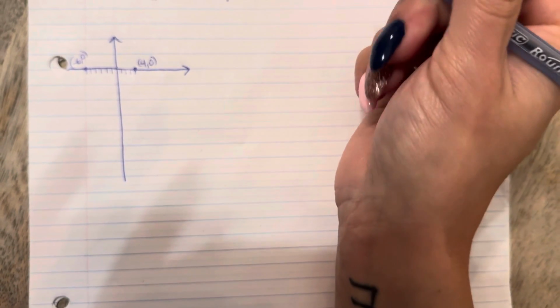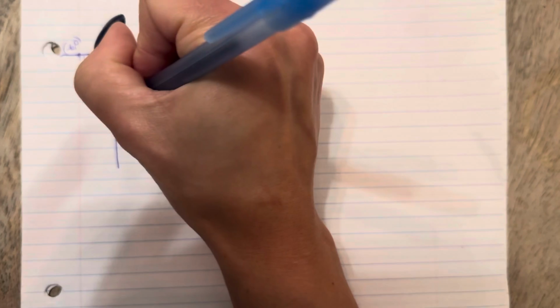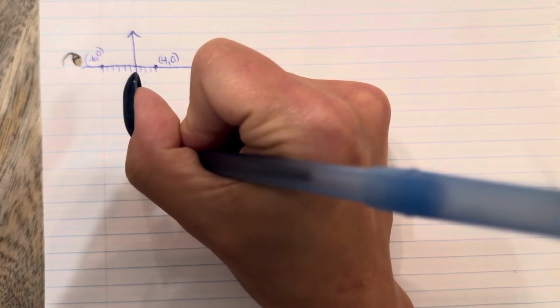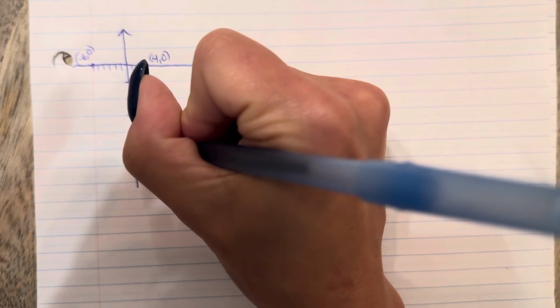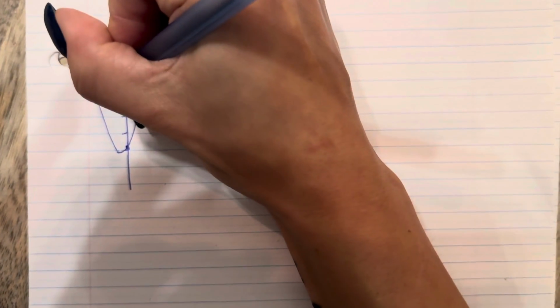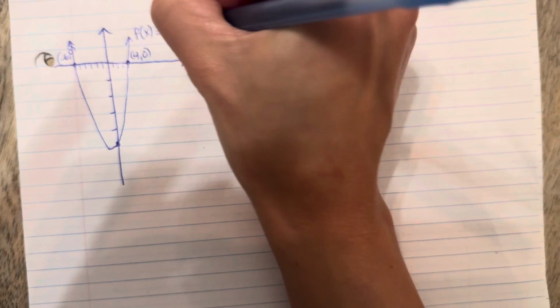Now we know the y-intercept from that c value is way down here, right around -25. So eyeing it up, we'd have something like this for that parabola. And that's our function, f of x is equal to x squared plus 2x minus 24.